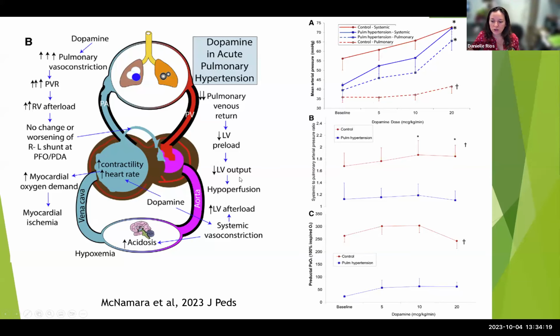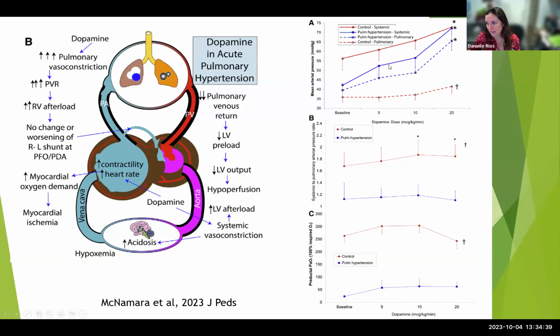However, when you look at the lambs who had acute pulmonary hypertension, so those are in blue, their pulmonary artery pressures here in the dashed blue were actually higher and much closer to their systemic pressures to begin with at baseline.